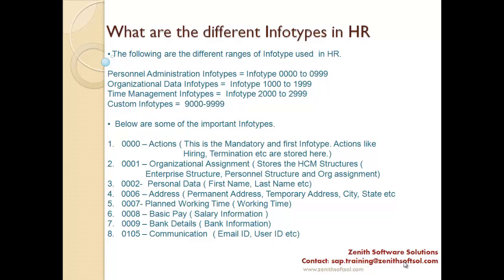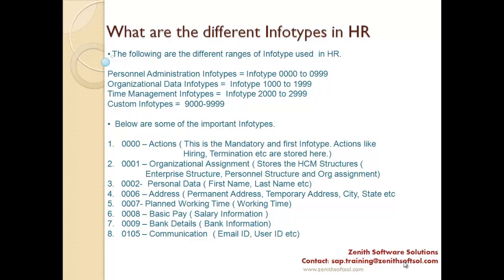You might remember that in the previous lectures we talked about enterprise structure, personnel structure and organizational structure. So these three structures will be stored in info type 1, which is organizational assignment.